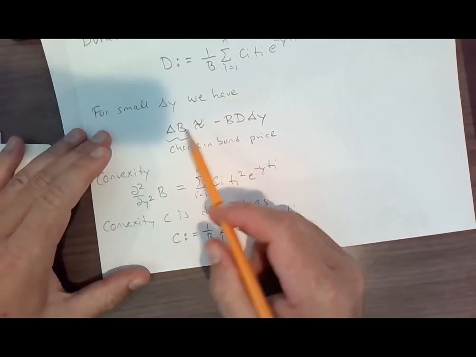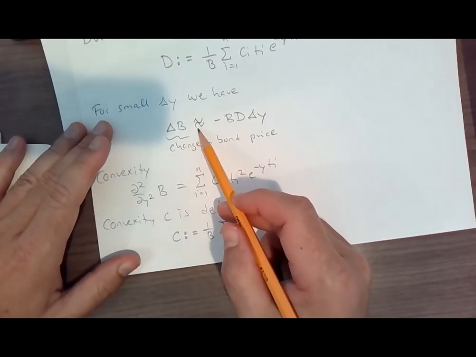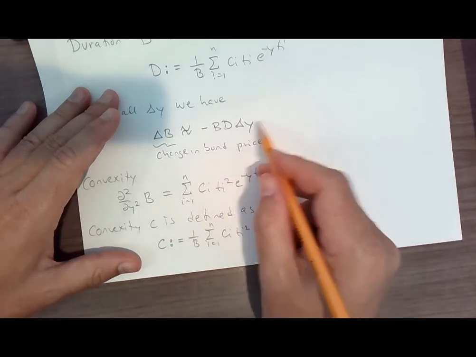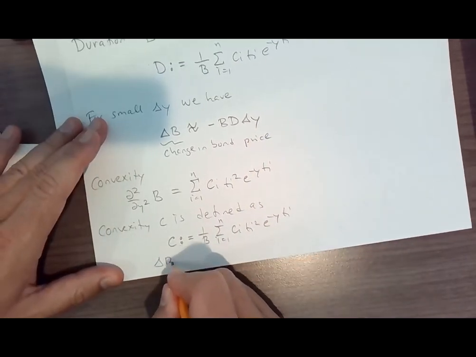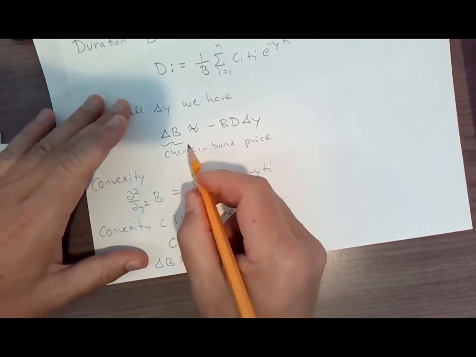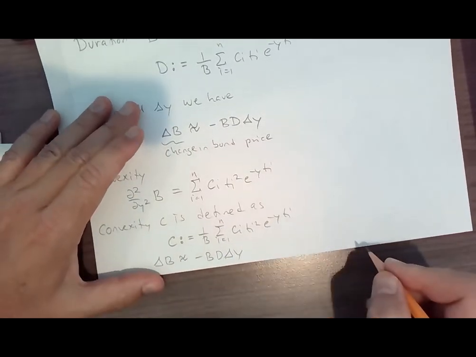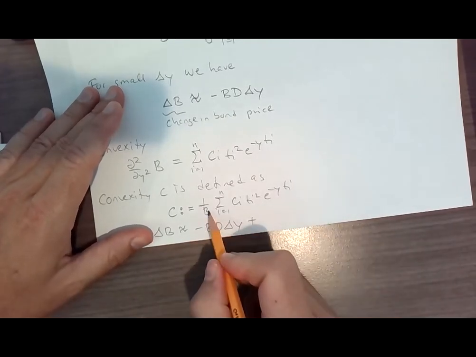And so we can improve the formula. We can improve the formula by saying that, including a higher order term, we can say that delta B is approximately equal to minus B D delta y. That was what we had before. And now we add a term.